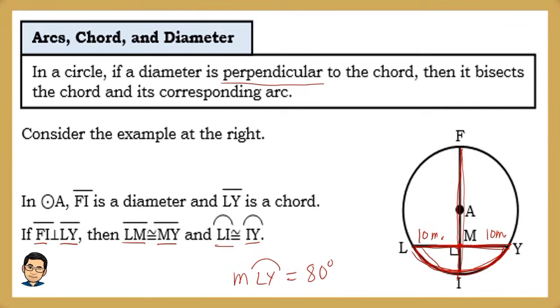So, since nahati siya ng diameter, binisect nga siya, ang magiging sukat nung LI tsaka IY ay parehong 40 degrees. So, paano nakuha yung 40 degrees? I-divide lang natin yung 80 sa 2. So, 40 degrees dito sa portion na to, 40 degrees din sa kabilang portion. So, yan lang po yung theorem on arcs, chord, and diameter.